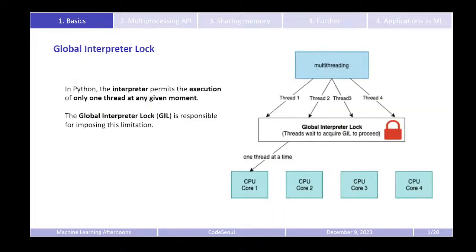If we show an illustration: let's say we have thread 1, thread 2, thread 3, thread 4 in Python, and then there is the interpreter lock, and only one thread at a time can be processed by your Python interpreter. That's the drawback of the language compared to other programming languages.